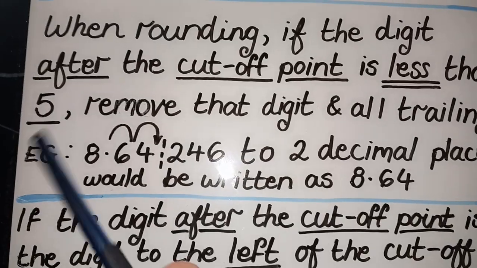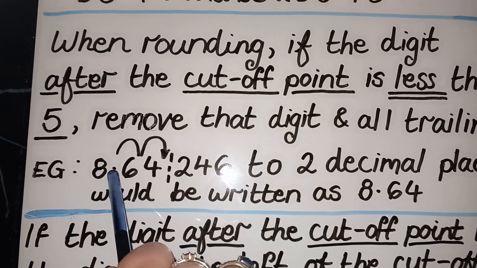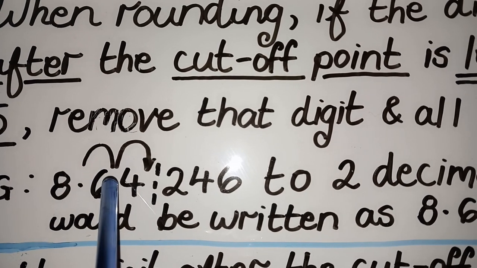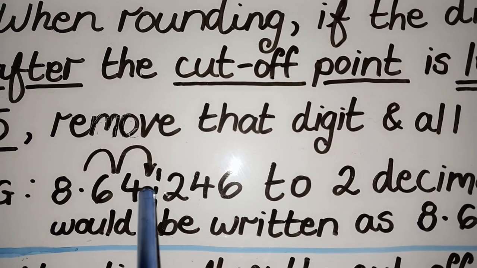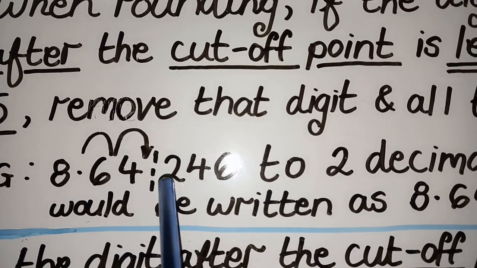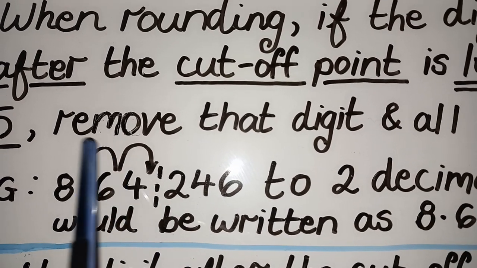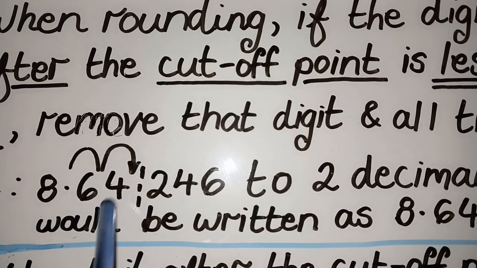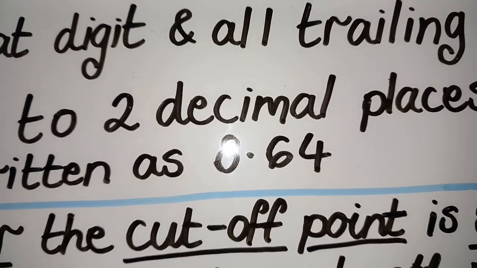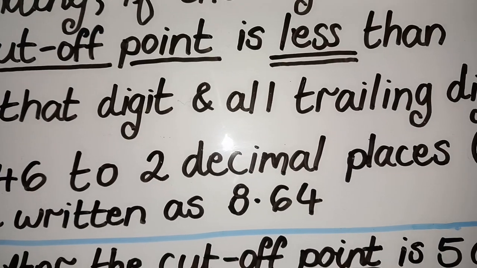So we're asked for 2 decimal places, so go to your decimal point. 1, 2 places to the right, there's the cut-off point. Now this number is 2, so because it's less than 5, this remains the same. So the answer to 2 decimal places would be 8.64. Okay?